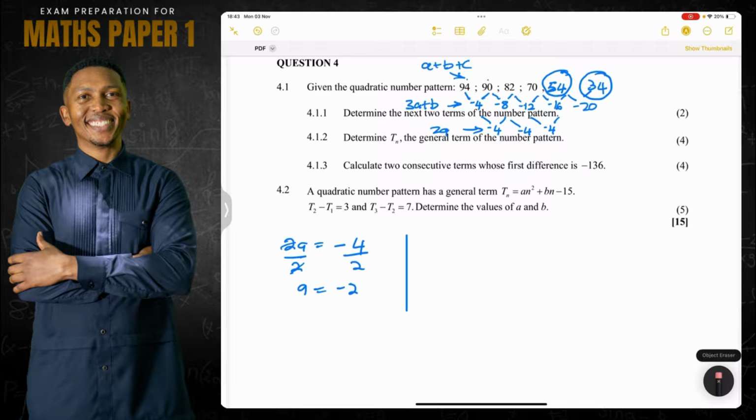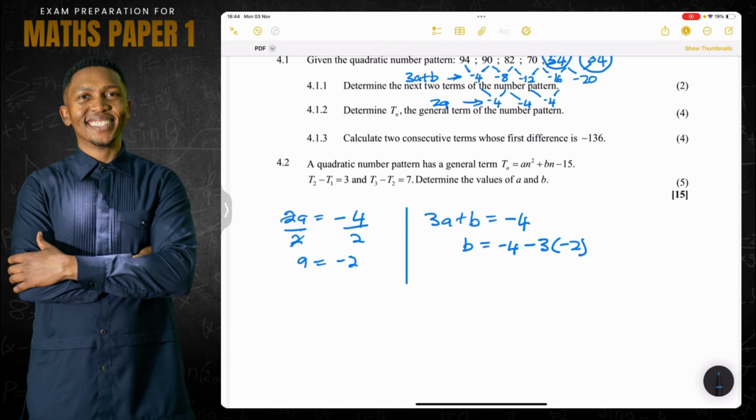And the next one is 3a plus b, which is equal to, again, the first term of our first difference, negative 4. So b is minus 4 minus 3 times our a value. We found a to be negative 2.